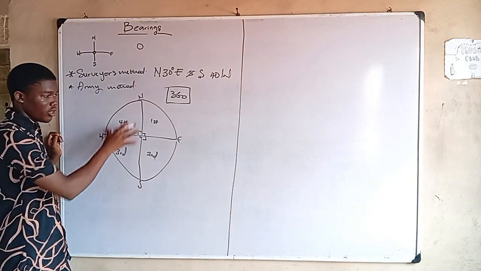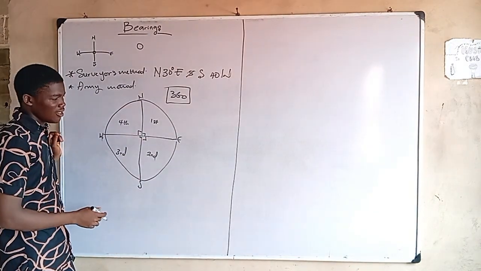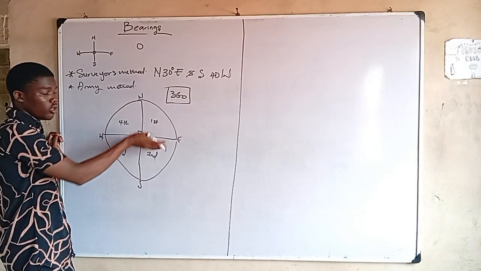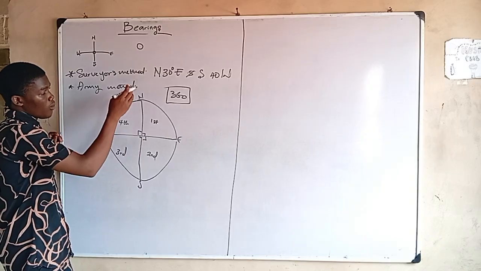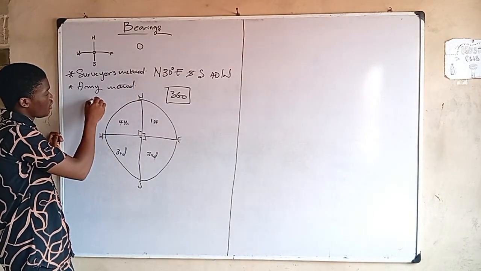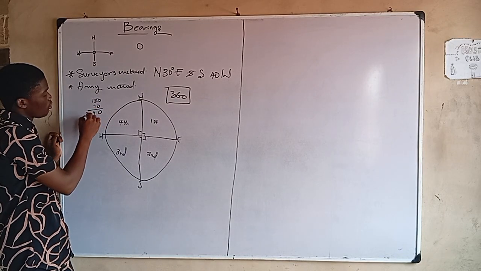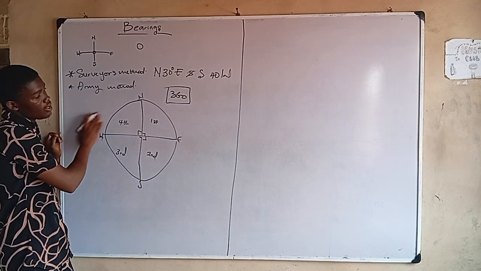But from here to here is 180. When you join two quadrants together, 90 plus 90 is 180. Then 180 plus 90 is 270, and then the fourth quadrant is complete, 360.